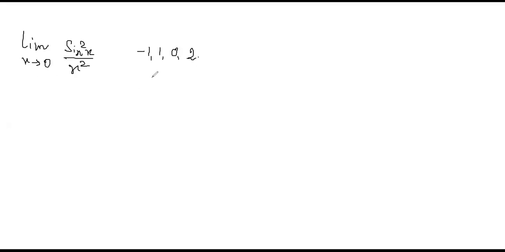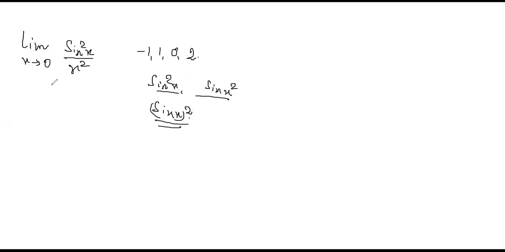First of all, can you tell me the difference between sine square x and sine x square? Are both equal or both different? You tell me. How are they different? Totally different, because sine square x means sine x whole square.